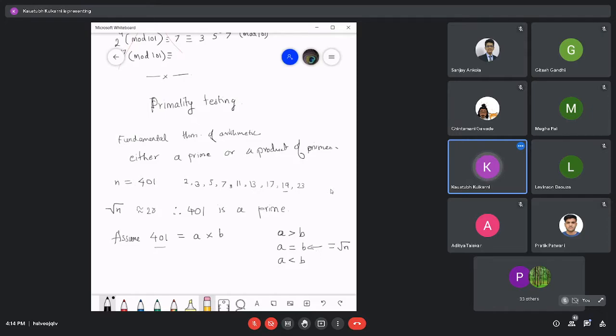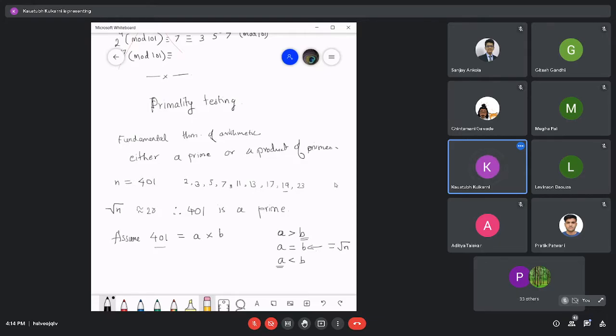In all other cases, you see, if A is greater than B, then still B will be less than square root of n, and if A is less than B, then A will be less than square root of n. To compensate, right?